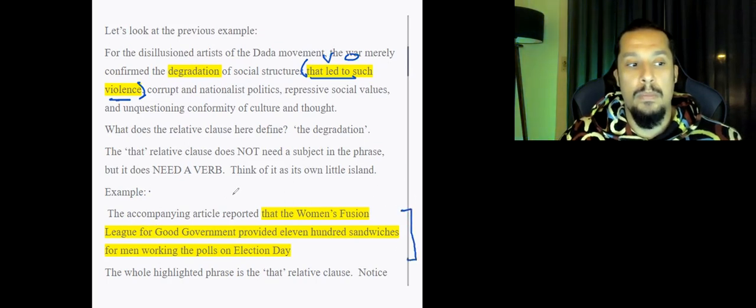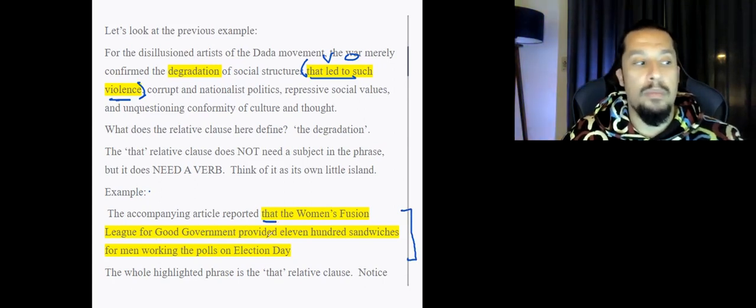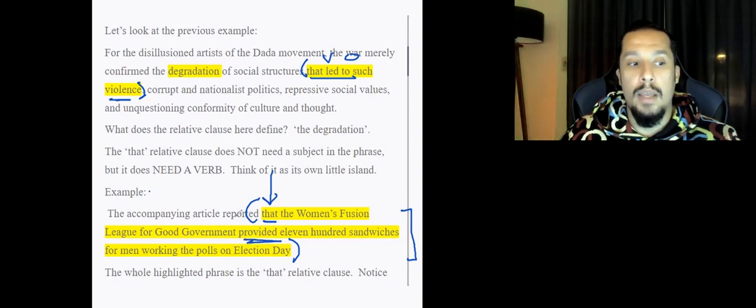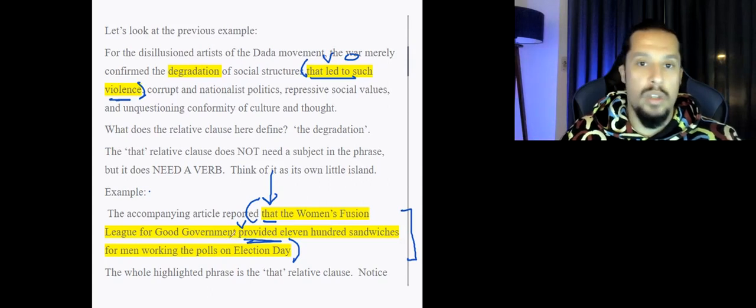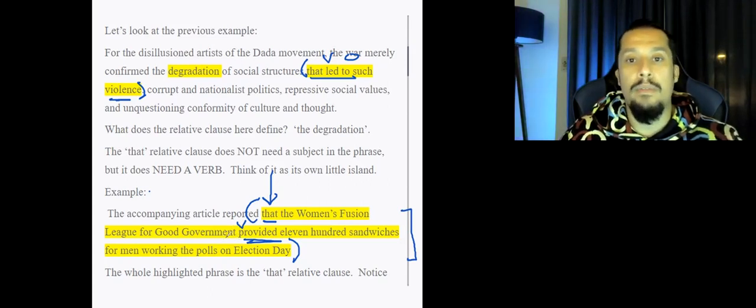Look at this example. The accompanying article reported that the Women's Fusion League for Good Government provided 1,100 sandwiches for men working the polls on election day. Do you see my that relative clause, right? Where's the verb? Provided. That's mandatory. So there are rules we follow. For example, I can't put a comma inside, I can't split that from the verb.